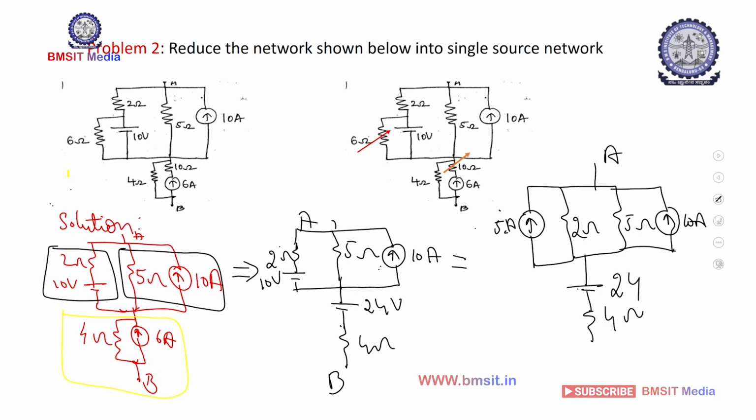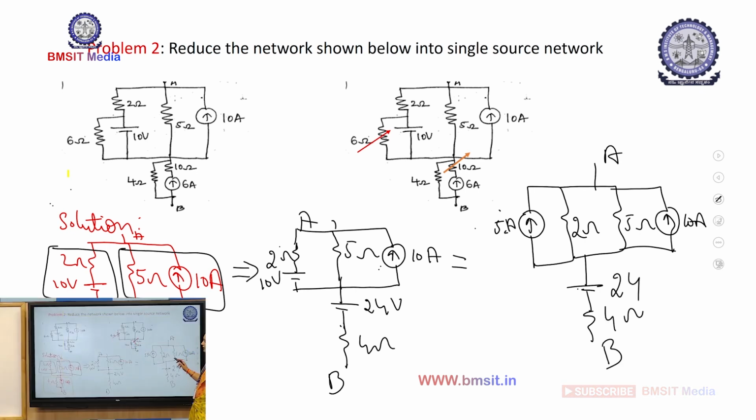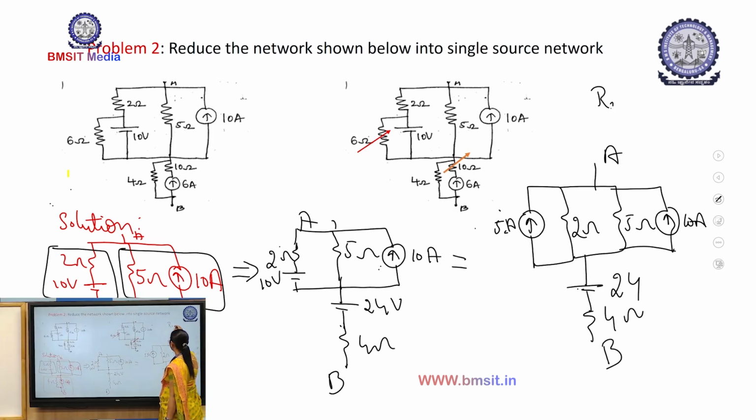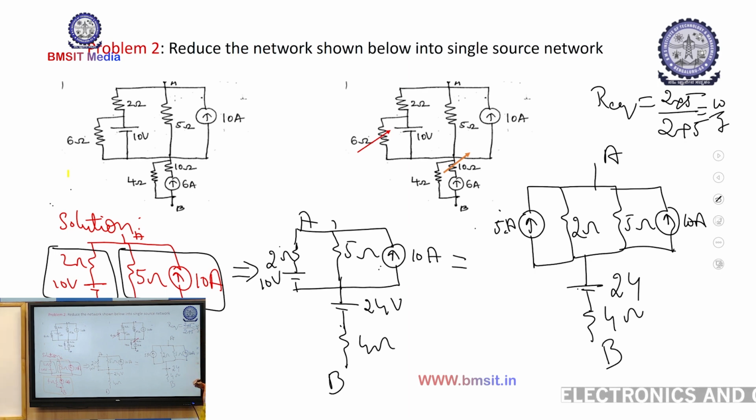See, this 5 amps and 10 amps current sources have the same polarity or direction, so we can add them up. When we add up, it becomes 15 amps. And the resistors which are in parallel, we calculate the equivalent resistance as R1 R2 by R1 plus R2. So R equivalent will be 2 into 5 by 2 plus 5, which is around 10 by 7.